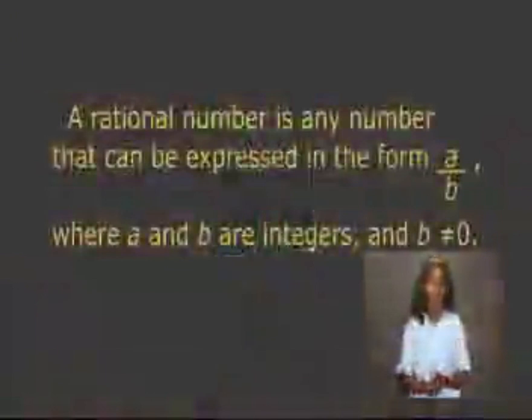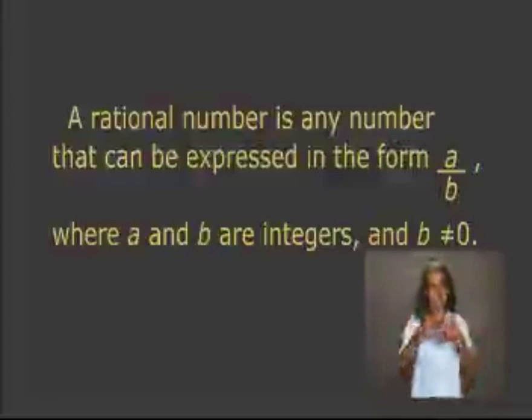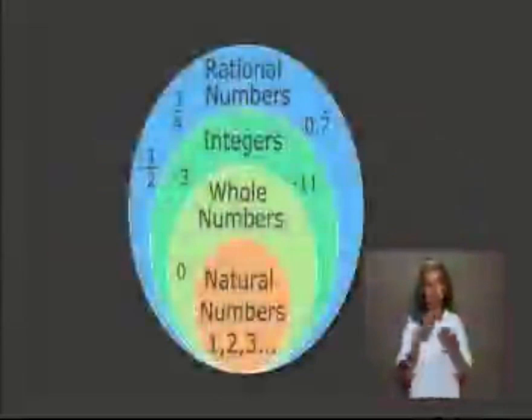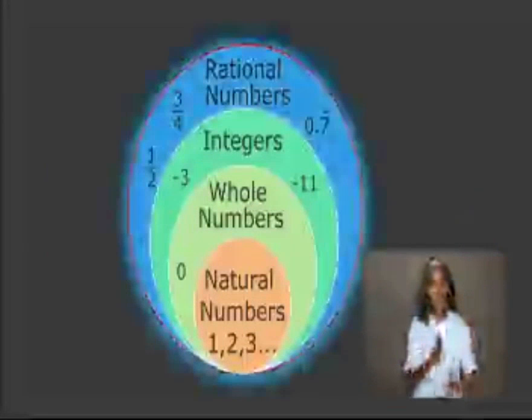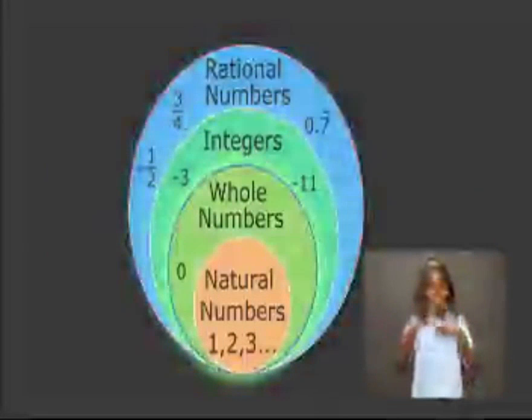You may remember that a rational number is any number that can be expressed in the form A over B, where A and B are integers and B is not equal to 0. As you see here, rational numbers include integers, whole numbers, and natural numbers.